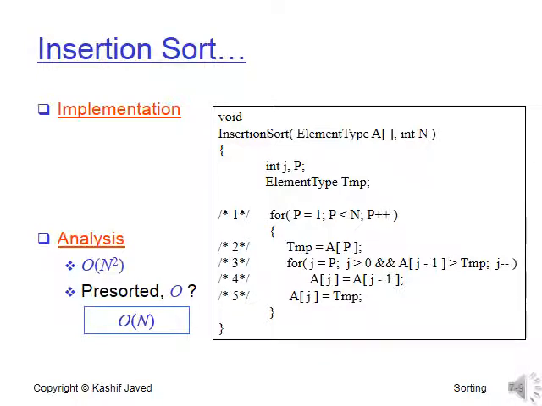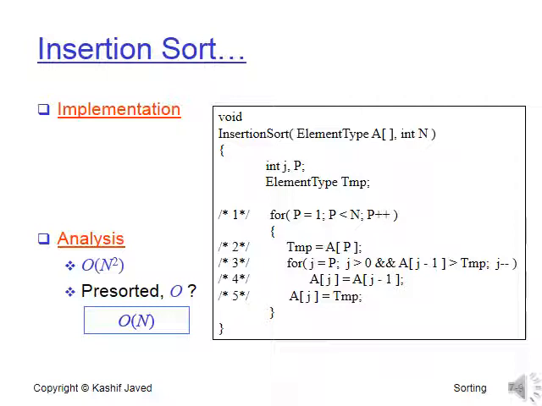Variable a is an array of type element type. Element type is typedef to integer. Variable n is then of type integer. Inside the function, you have variables j, p, and temp declared type integers.